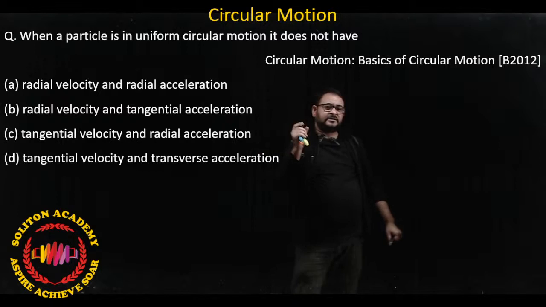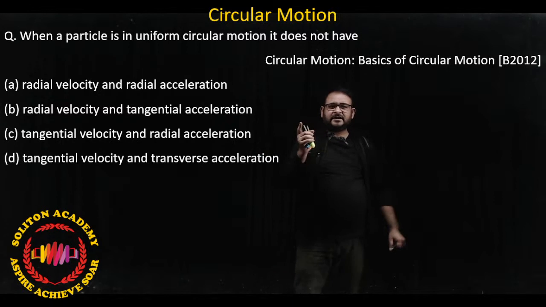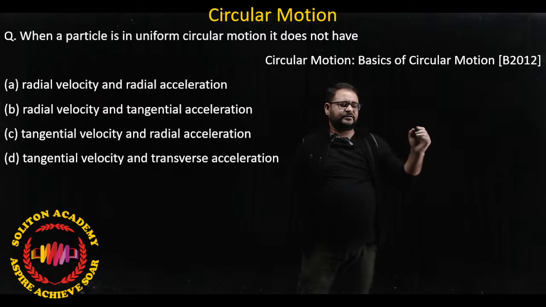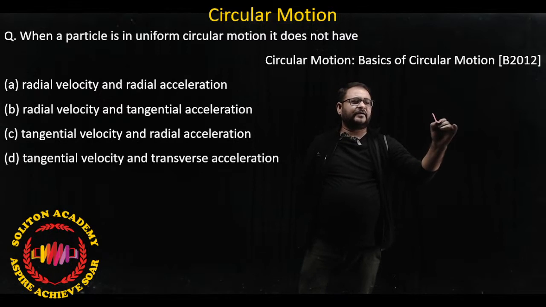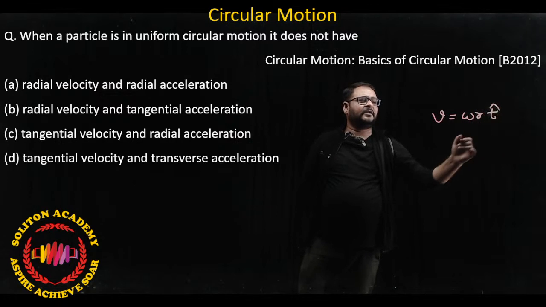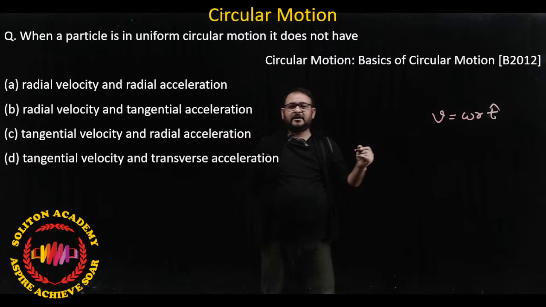So what does it not have? In uniform circular motion, velocity is omega r tangential, right?